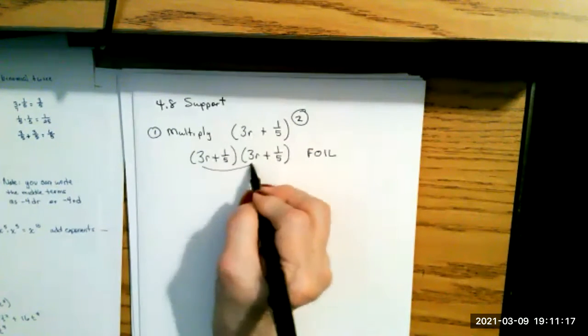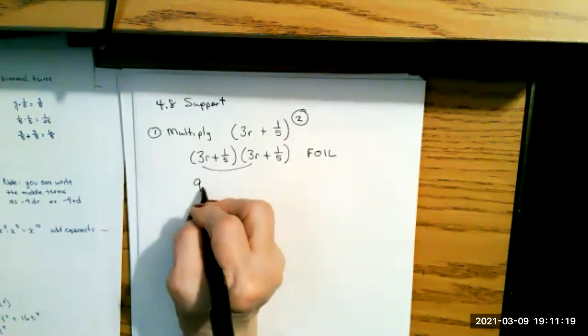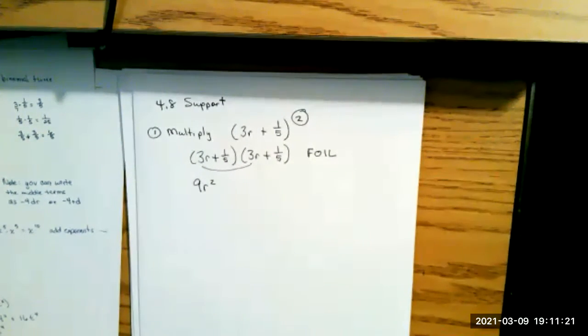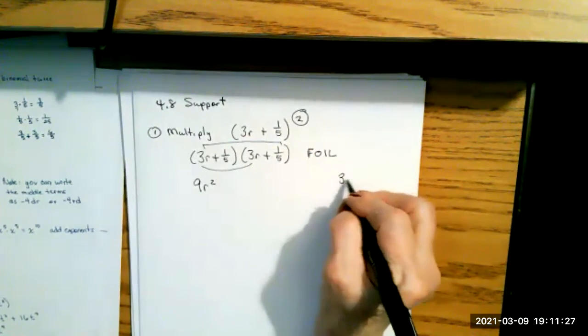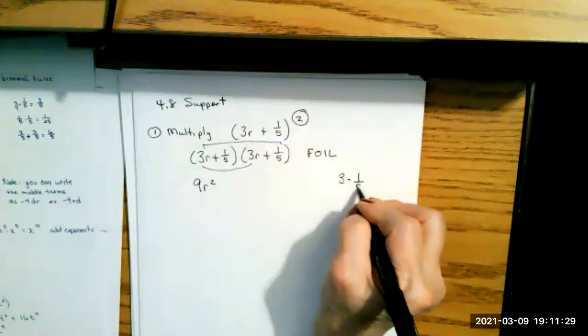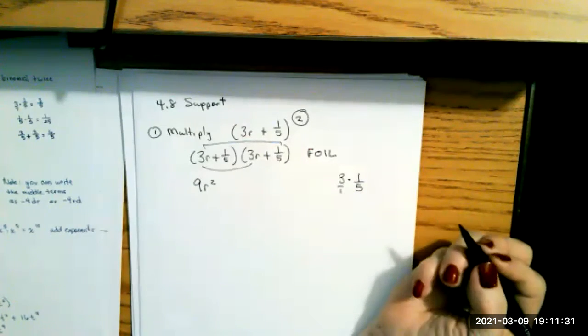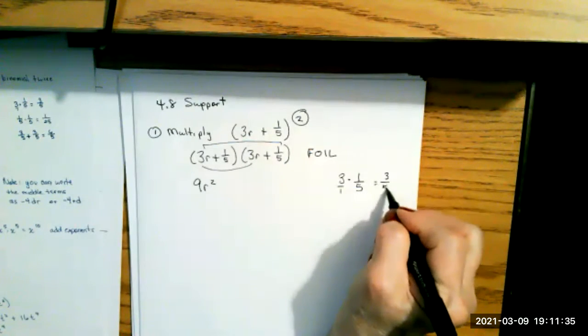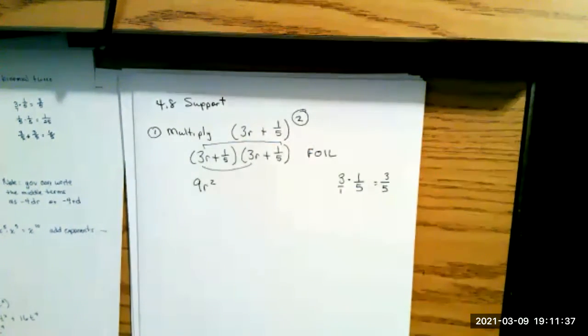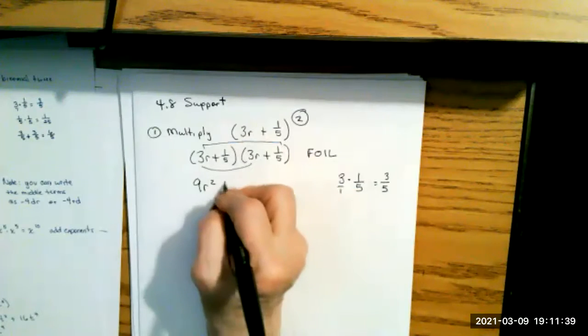First would be 3r times 3r, which is 9r squared. Outer. This one might be a problem. 3 times 1/5. 3 can be over 1. 3 times 1 is 3. 1 times 5 is 5. So that is 3/5, and you have an r.